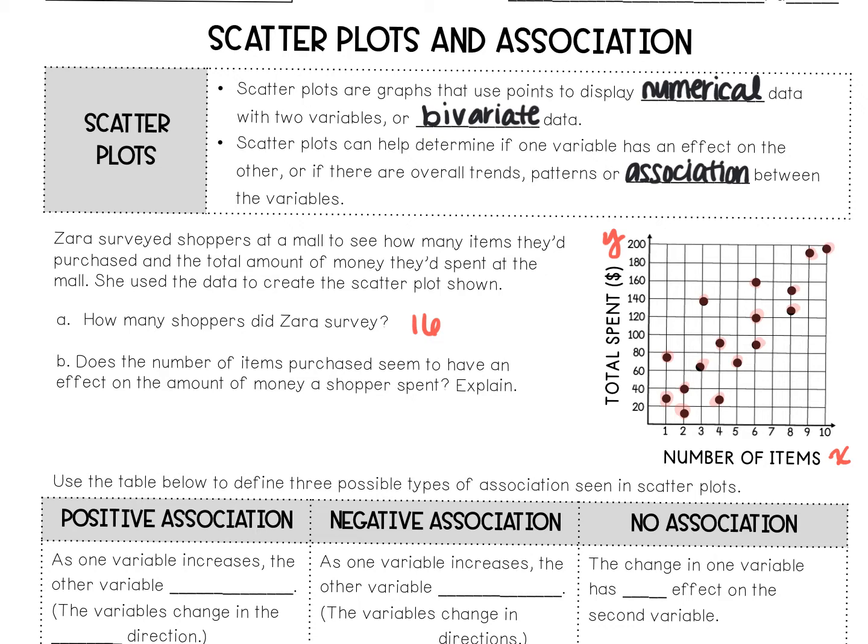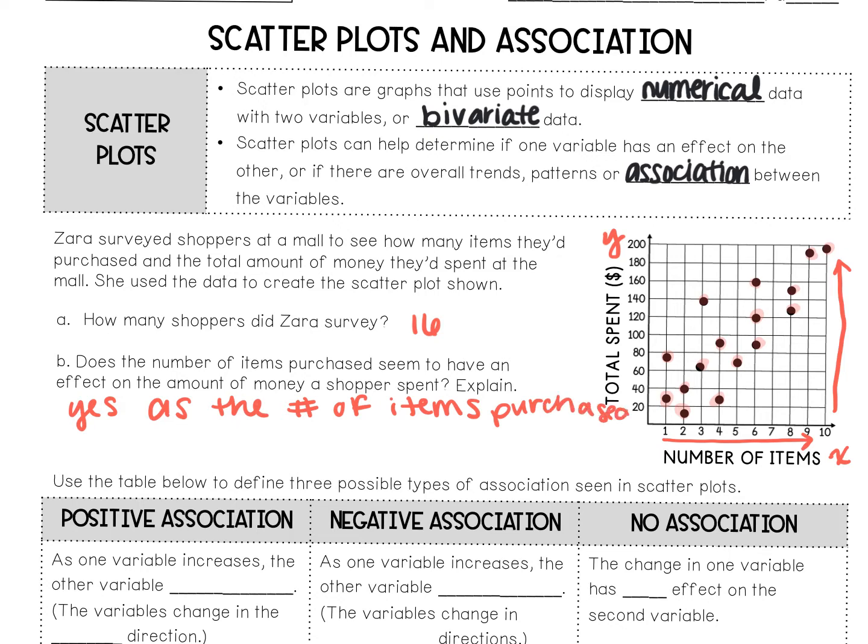In this case, the answer is yes, because as X increases or goes up, Y also tends to increase. So as the number of items purchased increases, so does the amount spent.